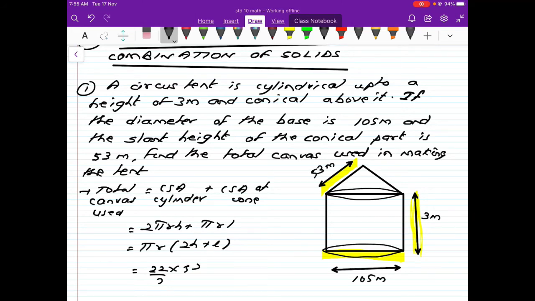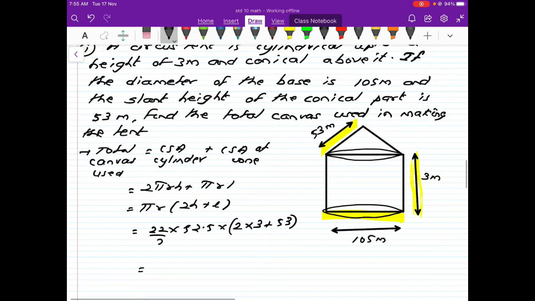So I am taking here 52.5 meters into 2 into height. The height is 3 plus the slant height is 53. So when we calculate this, this becomes 22 by 7 into, this can be cancelled out later. So 7 7s are 49.